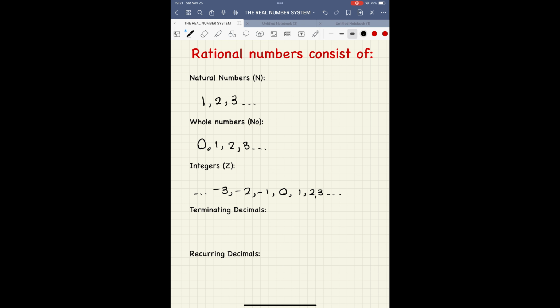And then we have decimals. The first decimals that we're going to do are terminating decimals. So to terminate is to end, isn't it? So terminating decimals are decimals which have an ending, meaning they do not go on, right?